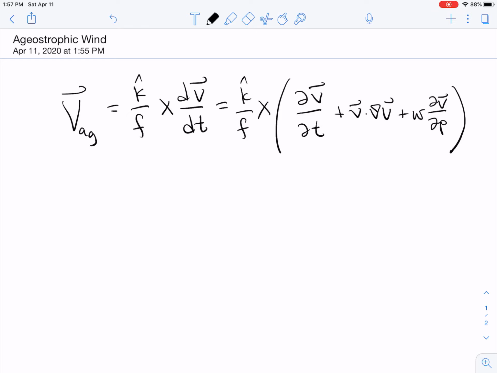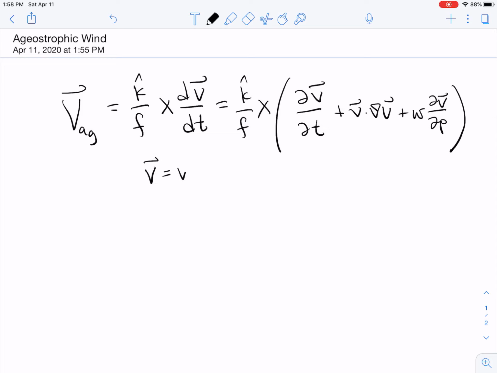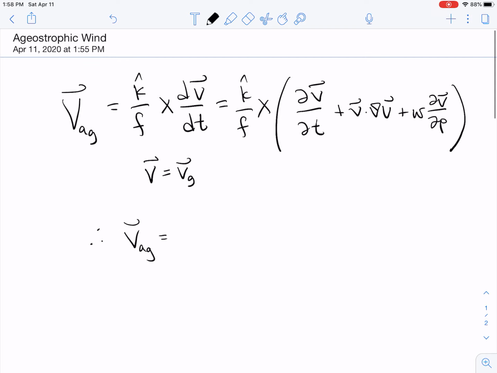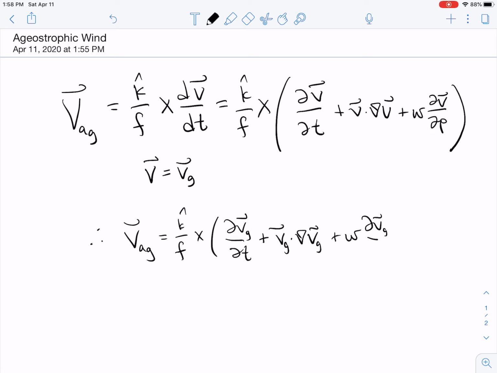And so if we replace the V's with the geostrophic wind, so we're going to replace V with Vg, then we can substitute in and get our equation for VAG based on the geostrophic wind: k hat over f cross dVg/dt plus Vg dot del Vg plus omega dVg/dp.